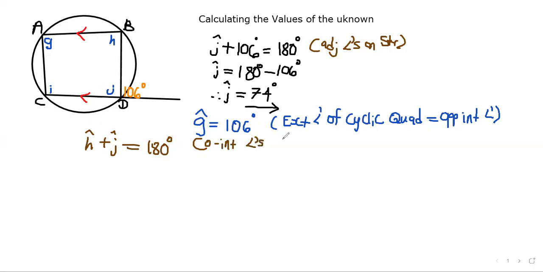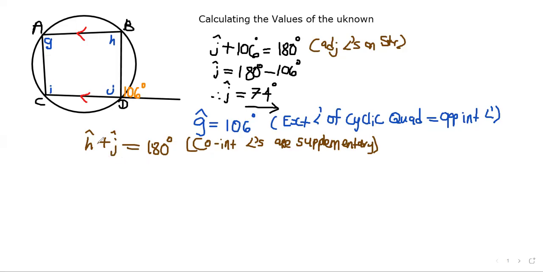To those who don't know what supplementary angles are, these are angles that add up to 180 degrees.